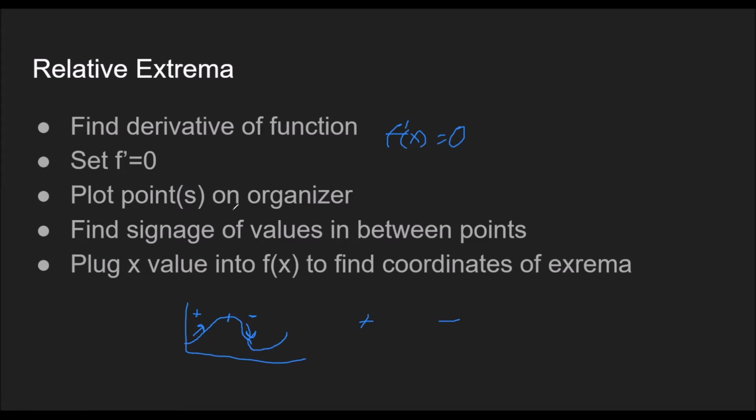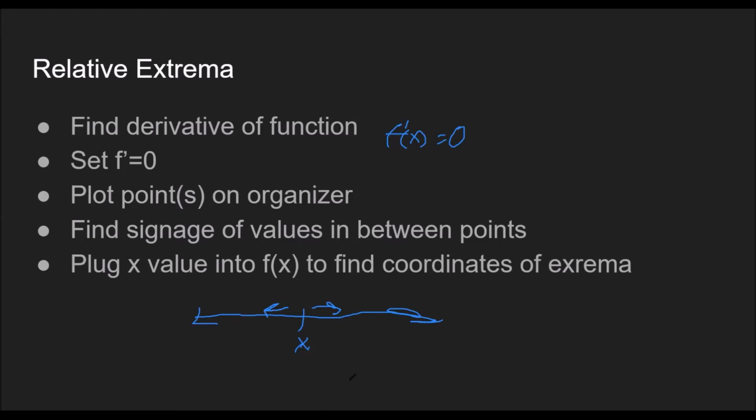But then we're going to plot our points on an organizer. I call it an organizer because I'm not quite sure what this is called. However, we're going to want to plot our x values here, and we're going to want to find our f prime values to the right of this and to the left of this.